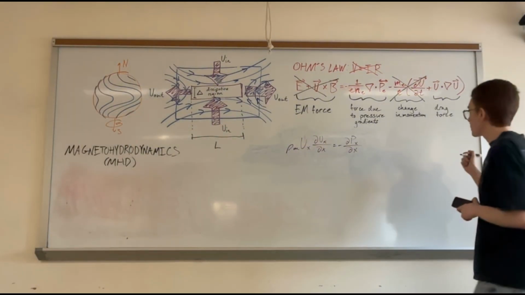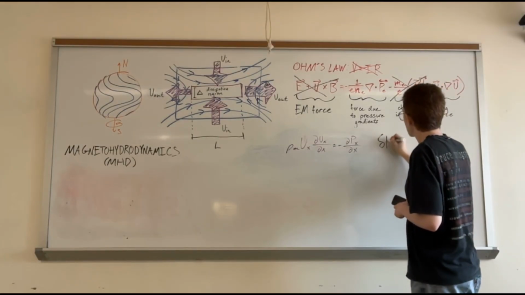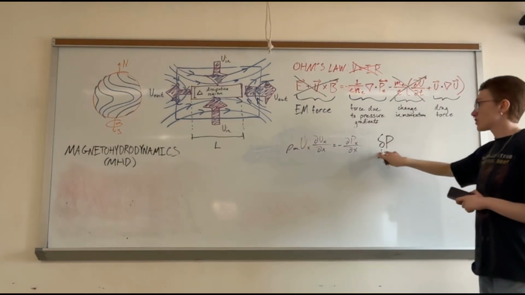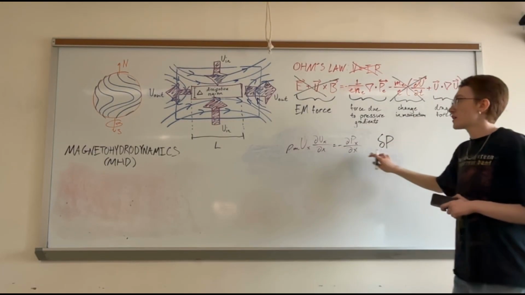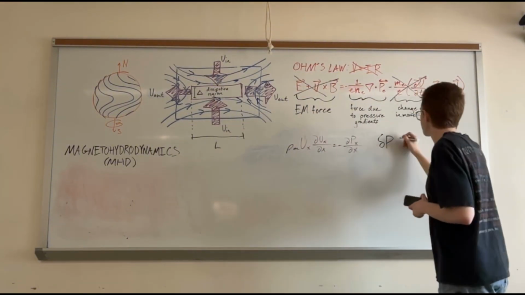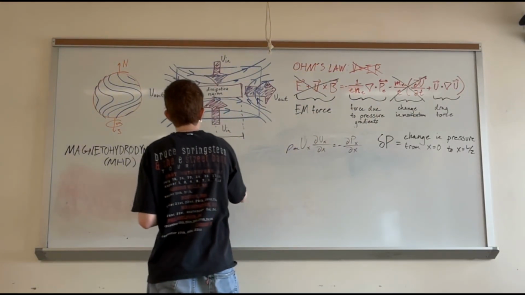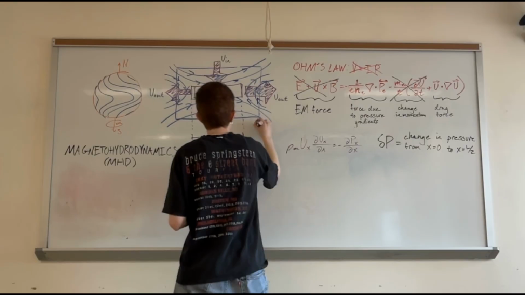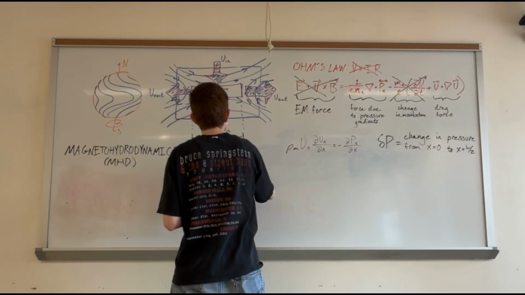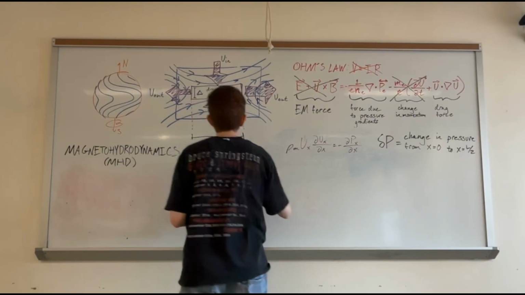So let's define this dp as our change in pressure from x equals 0 to x equals L over 2. This is x equals 0. This is x equals L over 2.